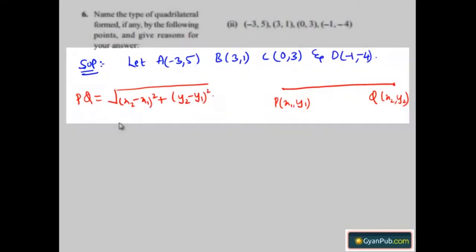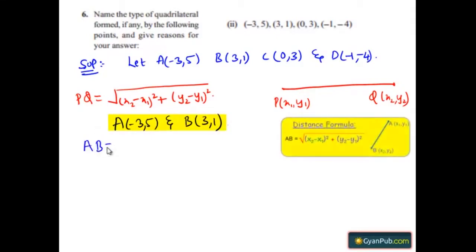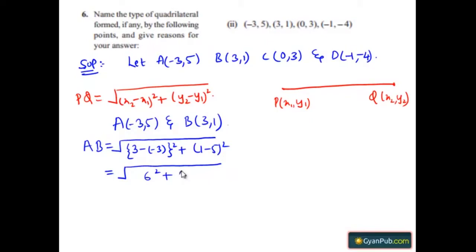Let us take the first 2 points A (-3, 5) and B (3, 1). By applying the distance formula, we get length AB equals the square root of (3 minus of -3) whole square plus (1 minus 5) whole square, which is equal to the square root of (3 minus of -3 is 3 plus 3, which is nothing but 6) square, plus (1 minus 5 is -4, so -4) square.